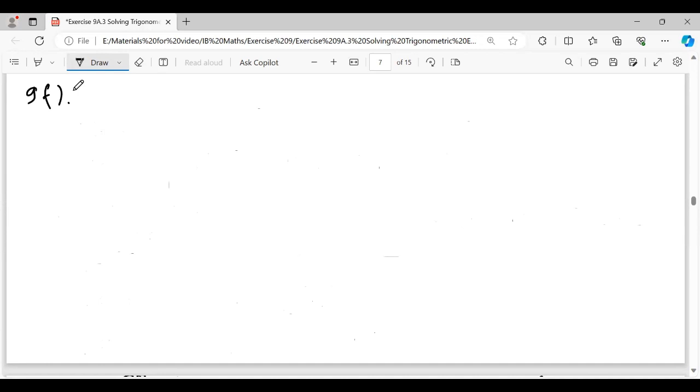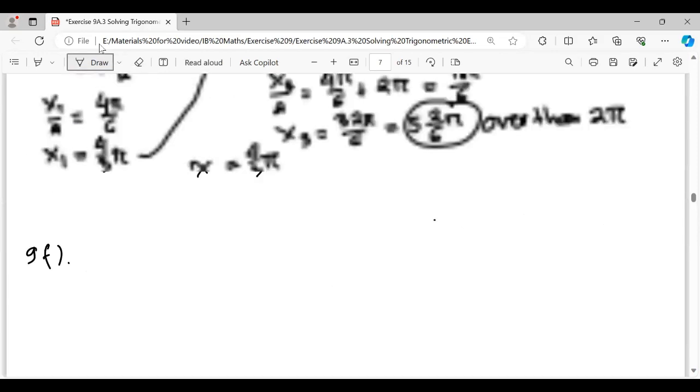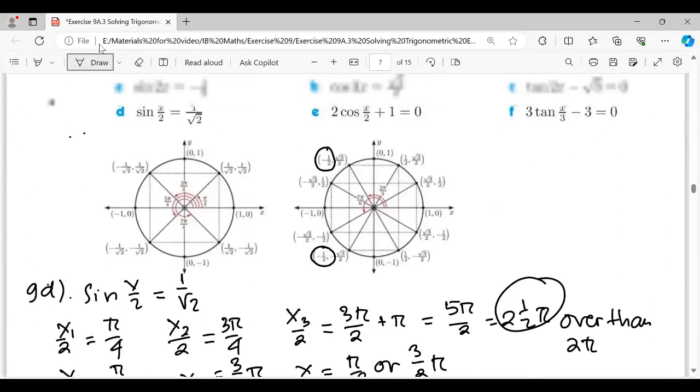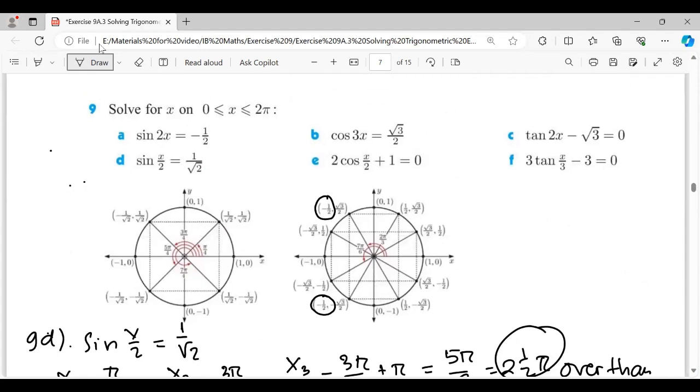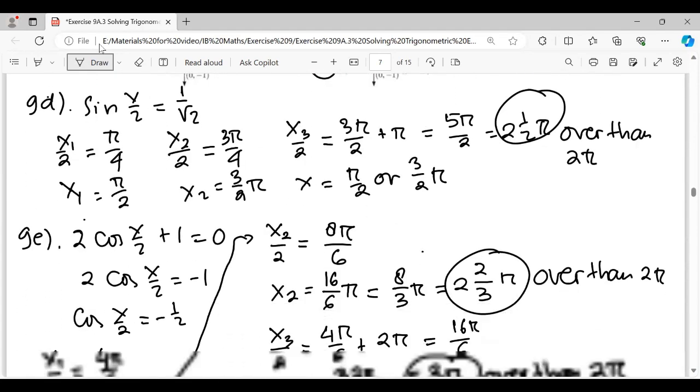9F. I'm going to check the question first. 3 tangent x over 3 minus 3 equals 0.